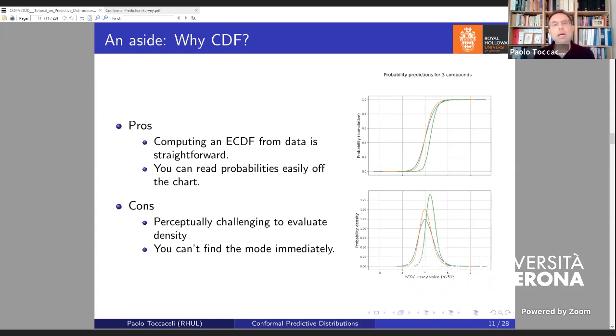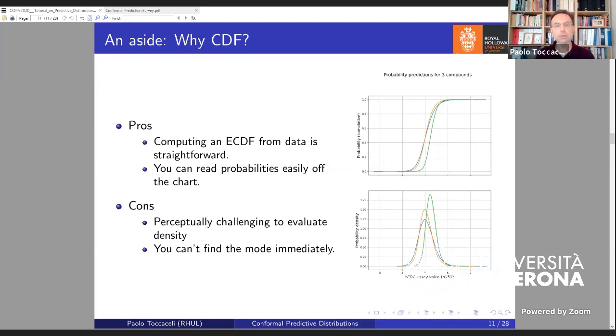So these are theoretical considerations. They might leave you cold, but let me give you some other practical perspective. I think there are pros and cons with using CDFs. Computing an empirical cumulative distribution function from data is straightforward.